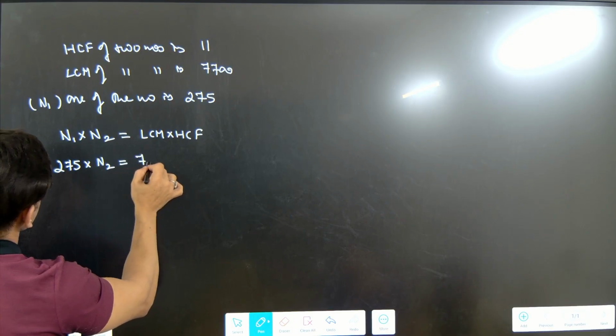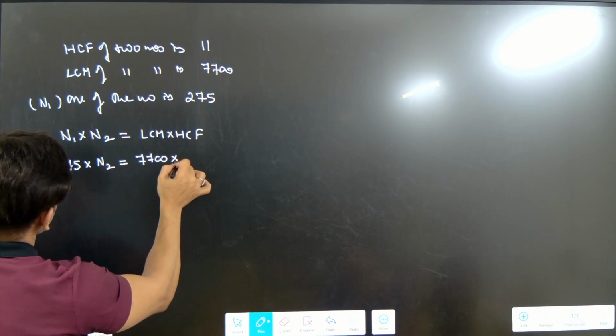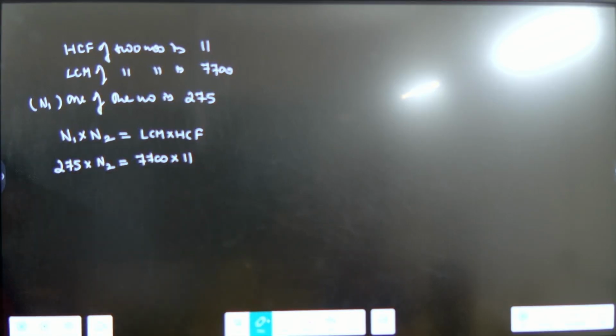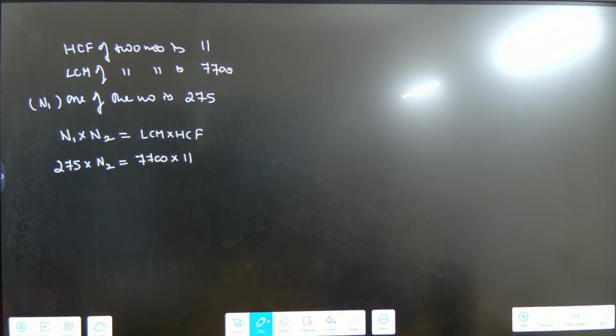LCM 7700, HCF 11, and you are going to find it difficult to cancel it out, right? See, whatever your second number will be, should be a positive integer.